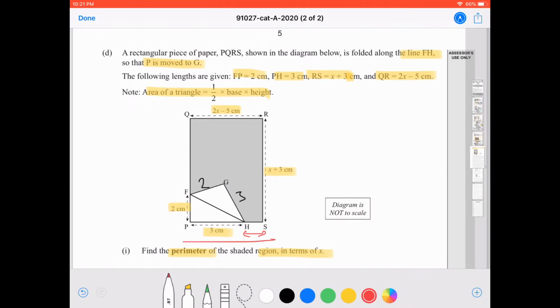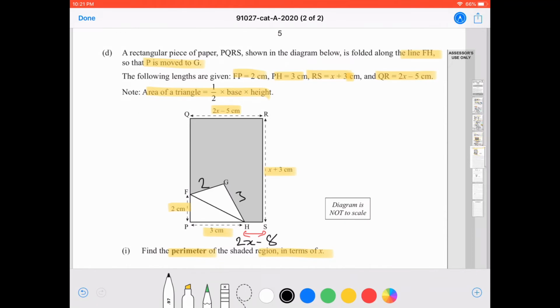So this total length minus the 3, okay, that is going to be 2x minus 5 minus 3, so 2x minus 8.